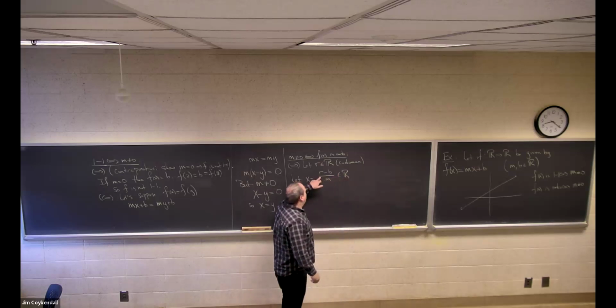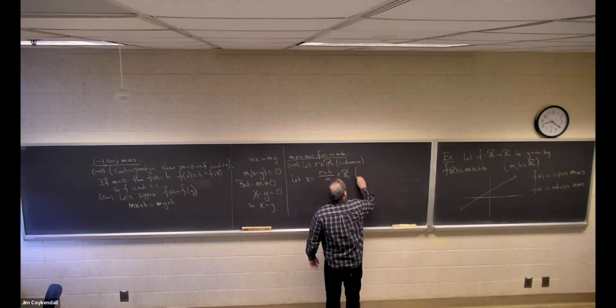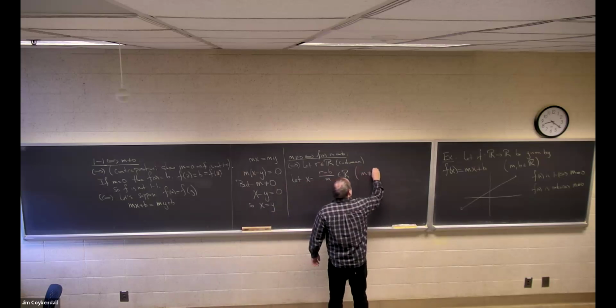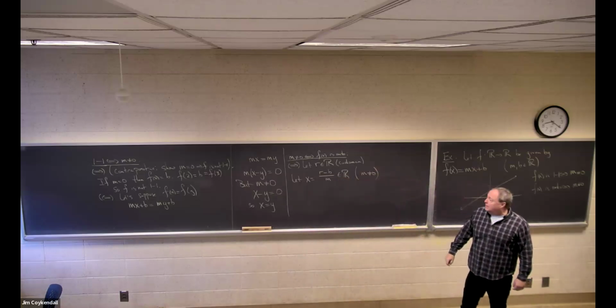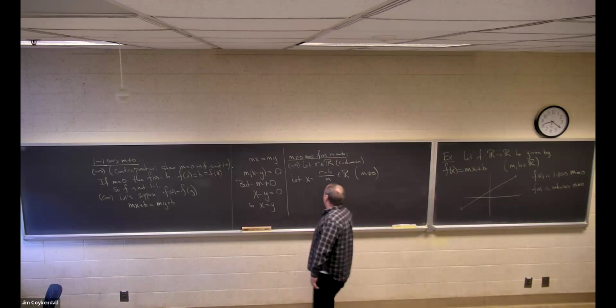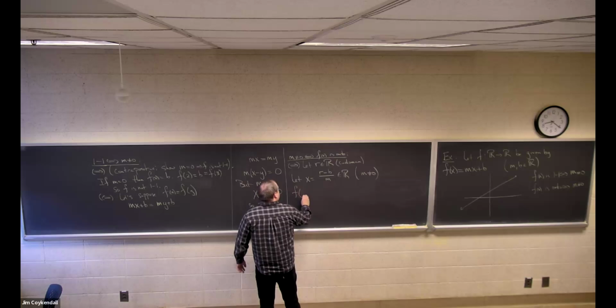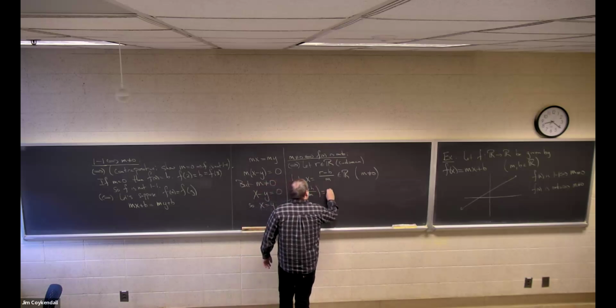Would everybody agree that (r minus b) over m is an element of R? And the assumption here that m is not 0 is crucial, because otherwise this doesn't make sense at all.